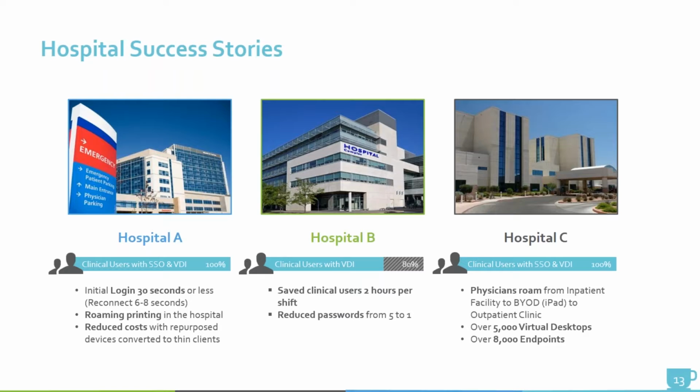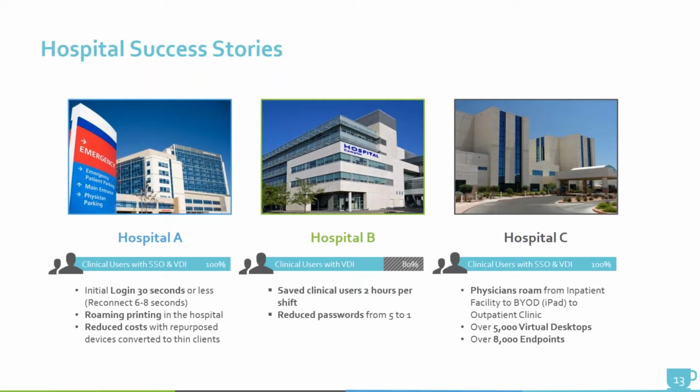So the last hospital, Hospital C, is actually a multi-facility institution, and we're not working just in the acute environment, but also their ambulatory environment. Their physician practices are across the way from many of the facilities, not all, but many of the facilities.